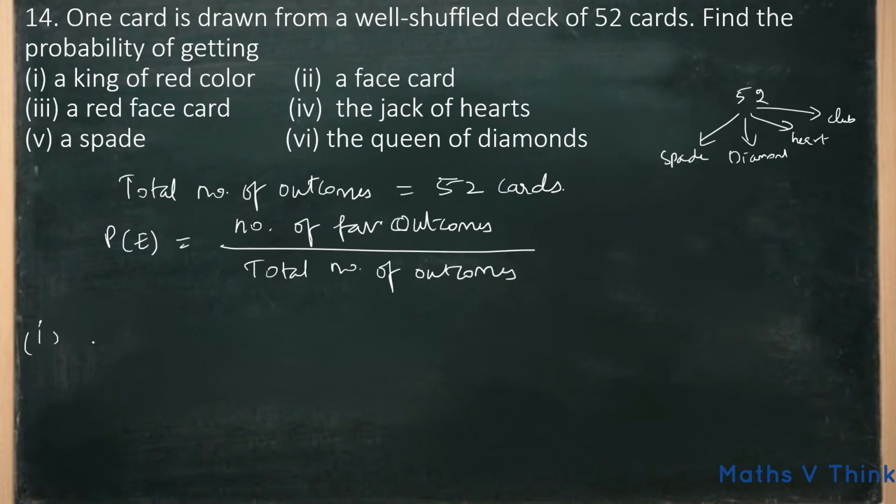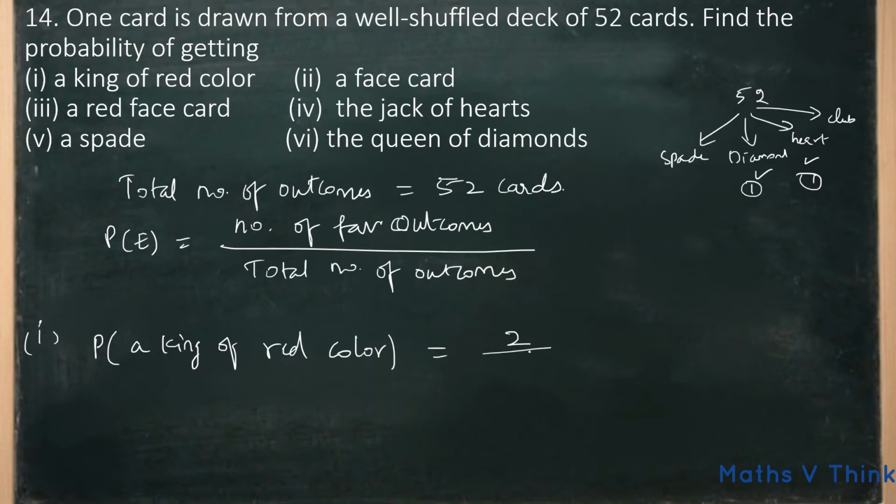The first one is the probability of getting a king card of red color. We know from the 52 cards, diamond and heart are red in color and they each have one king. So there are a total of 2 kings. So 2 is the number of favorable outcomes divided by the total number of outcomes, 52, which is equal to 2 ones are 2, 2 twos are 4, 2 sixes are 12. So 1 by 26 is the probability of a king of red color.